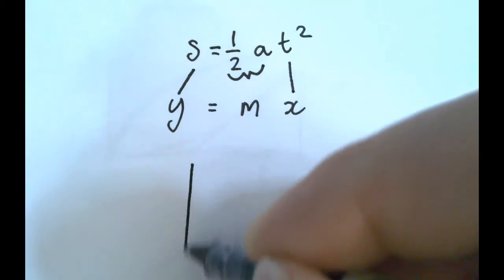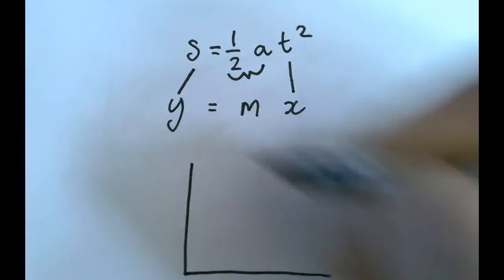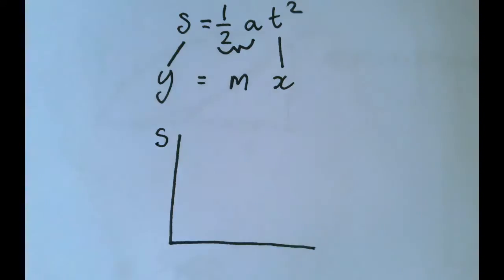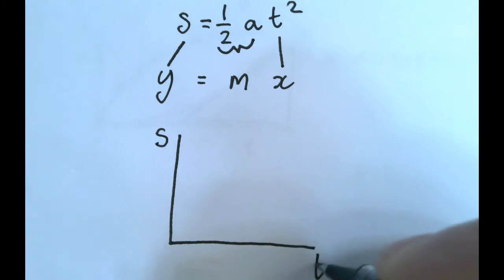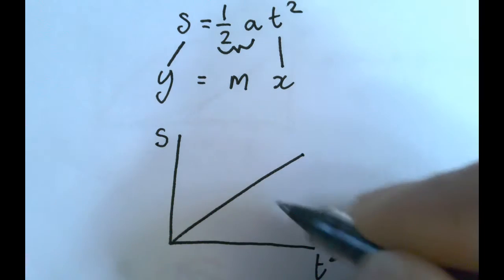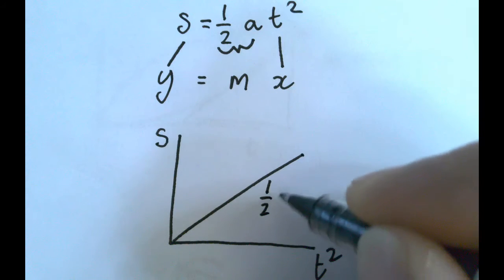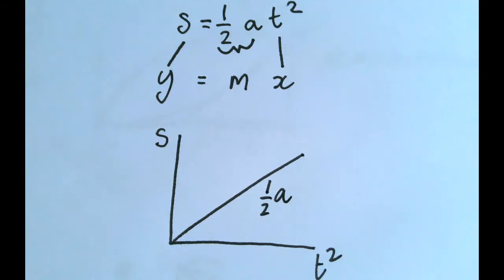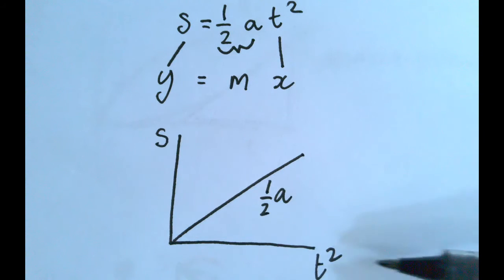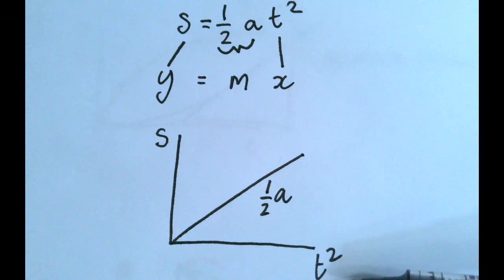So we plot a graph of s against t squared, we get a straight line, gradient equal to half a. Now you might notice that this is slightly unconventional because we're changing the height, so that's our independent variable, and our dependent variable is the time it takes to fall, which we've squared.